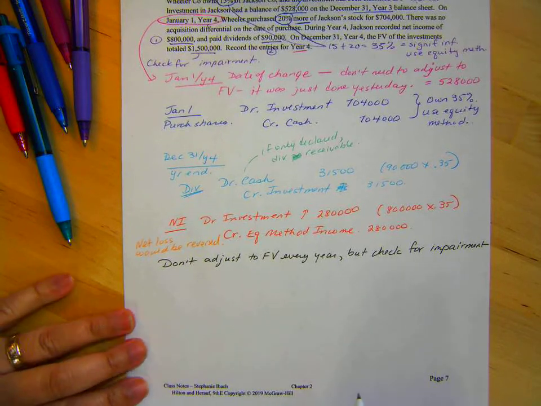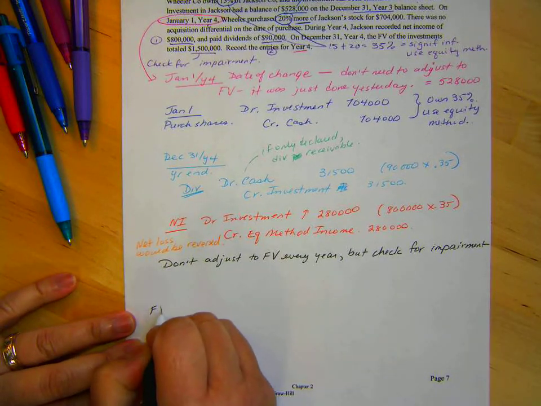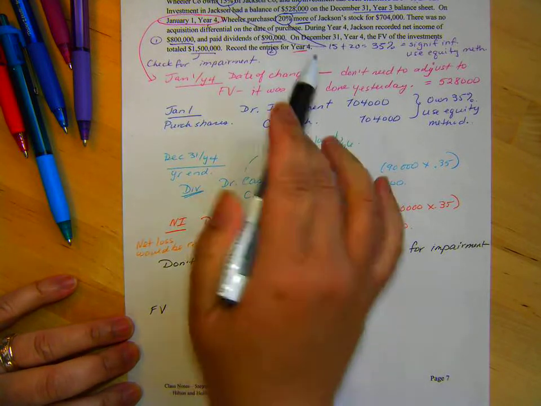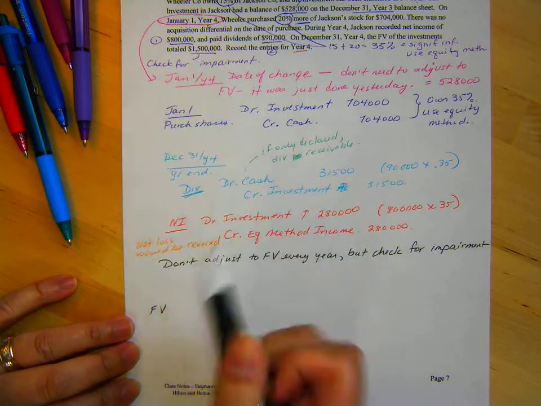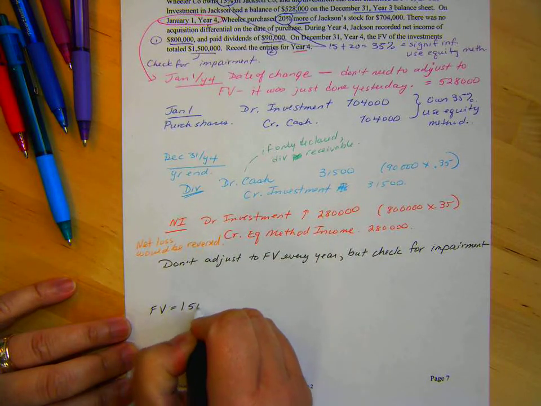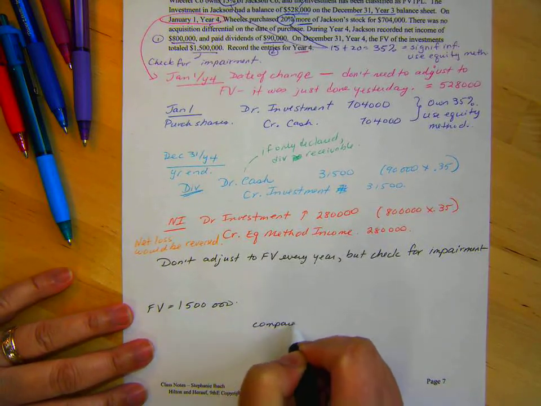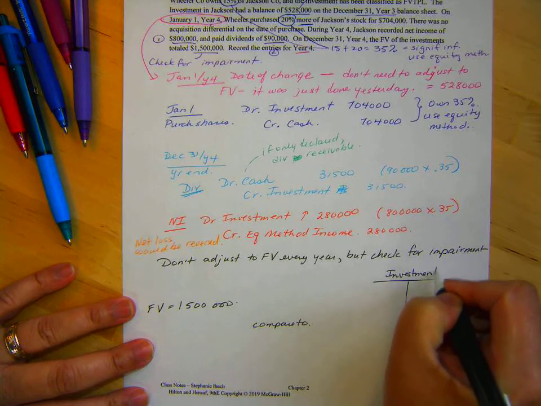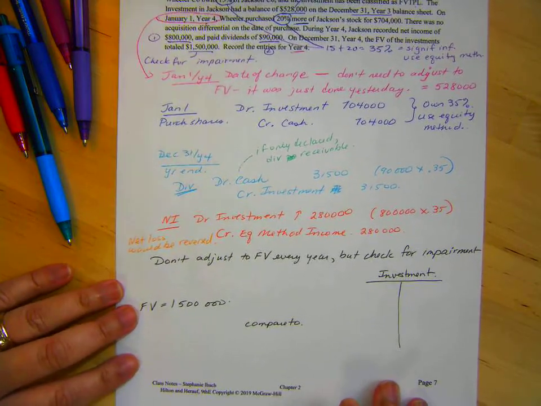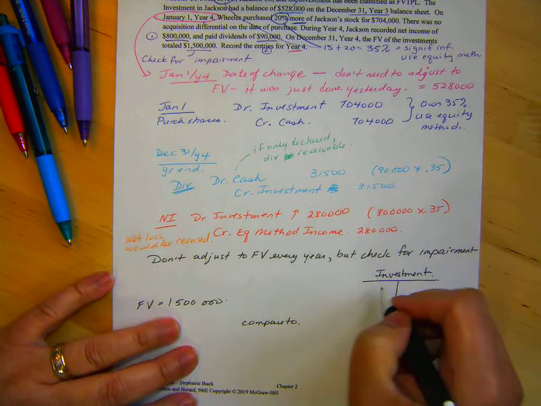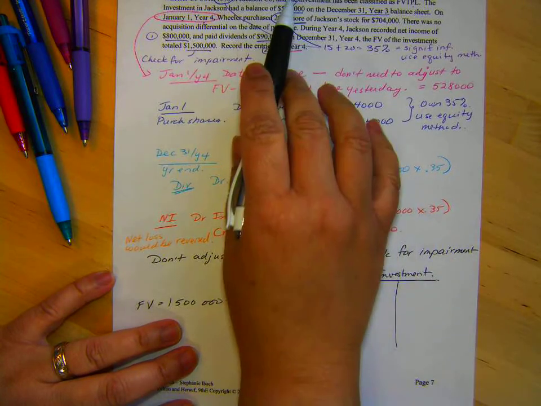So we know the fair value of the investment. They tell us up here at 1.5 million. We have to compare that to the balance in the T account. So, in the T account, we start off with 528 way up at the top.